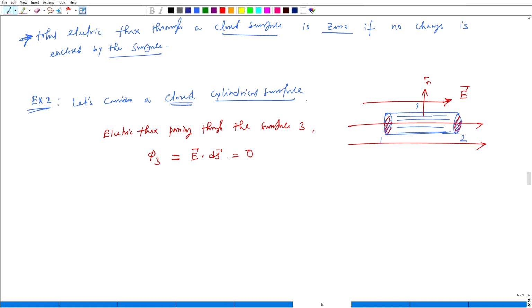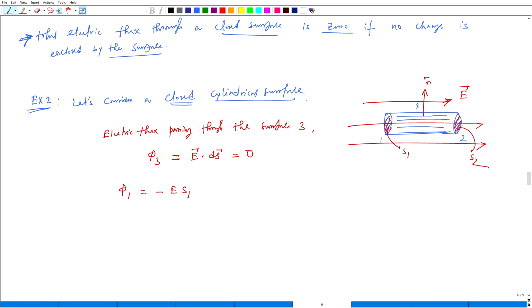So the electric flux passing through surface 1, denoted phi 1, becomes minus E S1, if we consider the area of surface 1 is S1 and the area of surface 2 is S2. Why is there a minus sign?